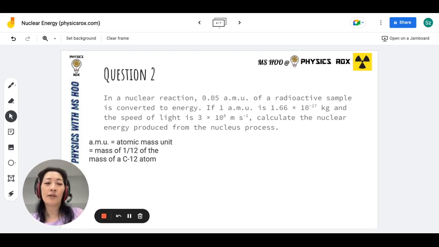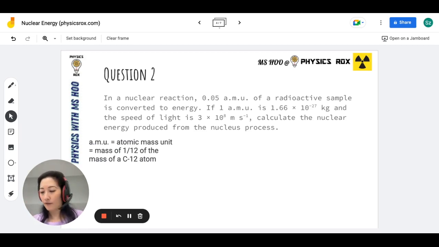Instead of using grams and kilograms, we just use the relative mass comparing different atoms. When we say atomic mass unit, we're comparing the mass of different atoms and particles at an atomic level. That's why we use atomic mass unit instead of grams and kilograms.